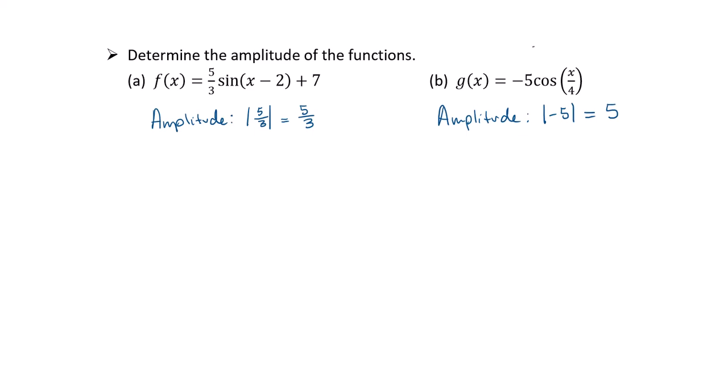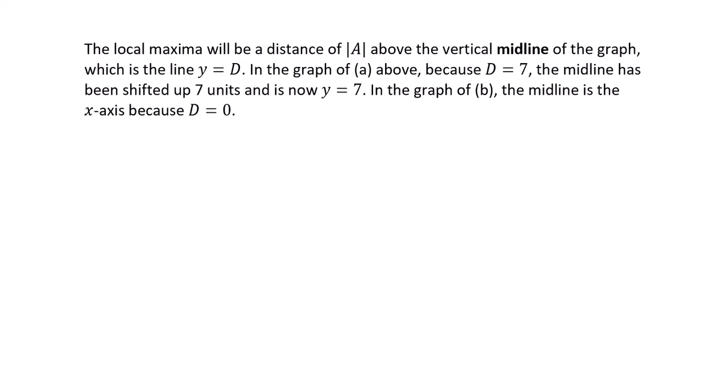And just to be sure, this negative shows that we're also going to have a reflection over the x-axis, in addition to our stretch by a factor of 5 vertically. The local maxima will be a distance of absolute value a above the vertical midline of the graph, which is the line y equals d.